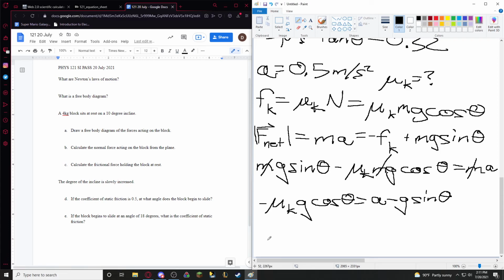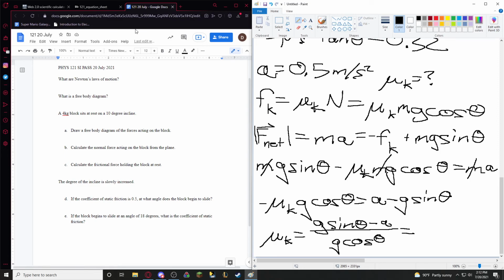So then we solve for mu k. Mu k is equal to g sine theta minus a. Just move the negative sign over, and then divided by g cosine theta.